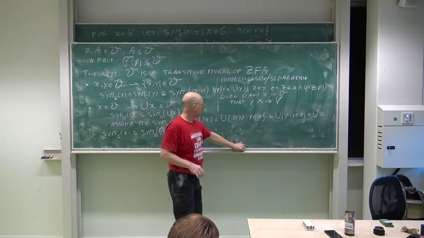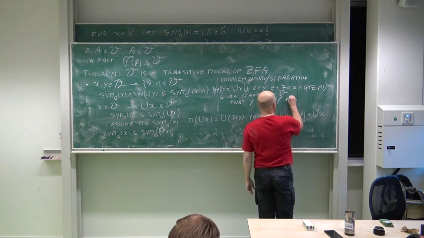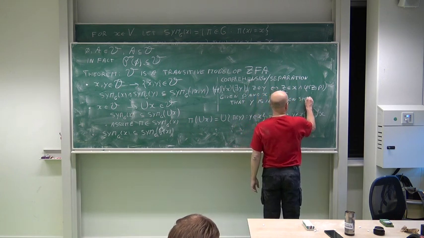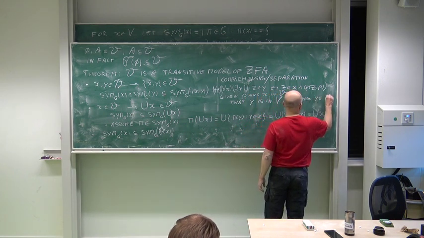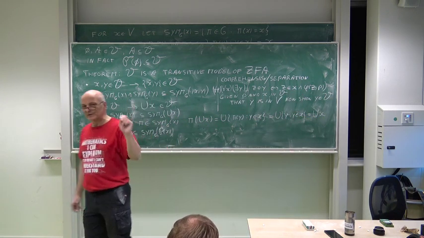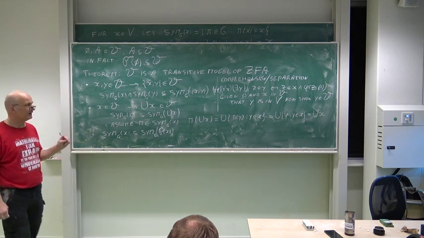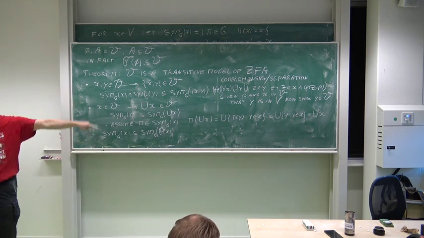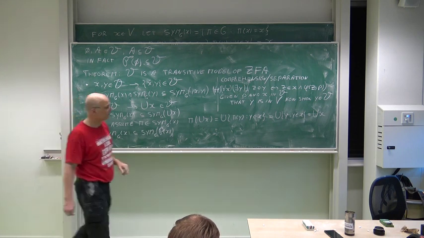And now all you have to show is that y is in V and that it's also a subset of V, but that will follow because x is in V, so all the members of x are in V. That means all the members of y are in V as well. So that is not the big thing.